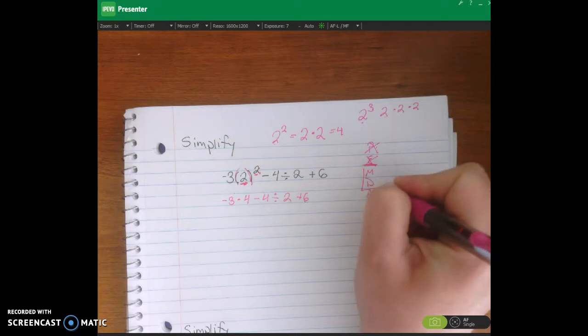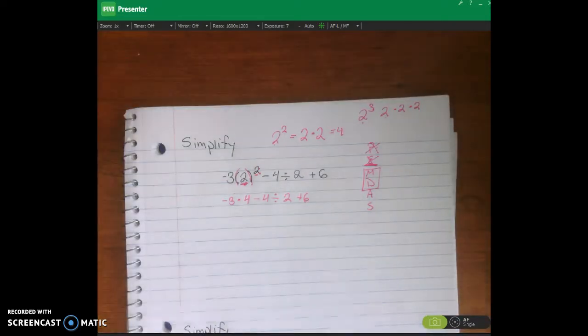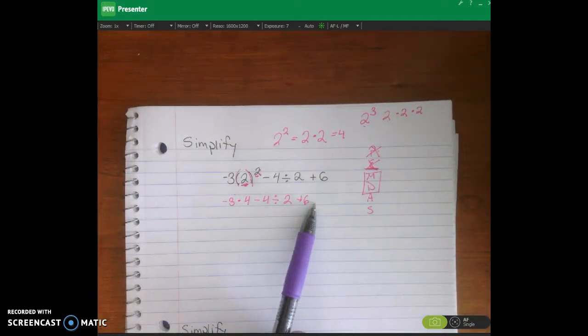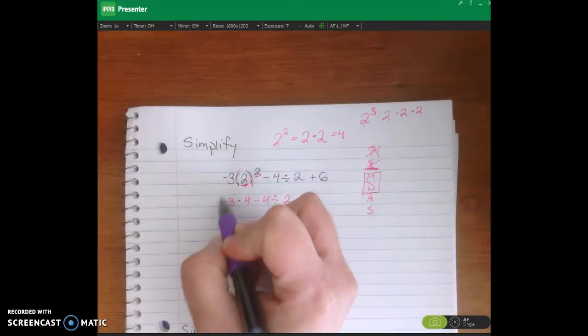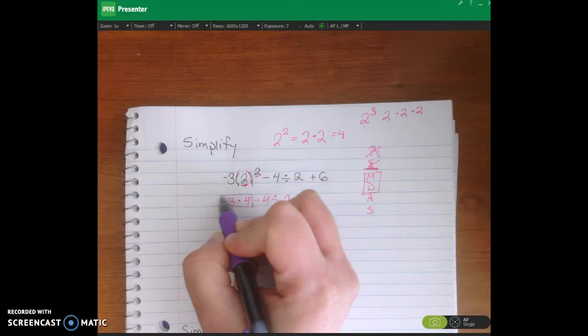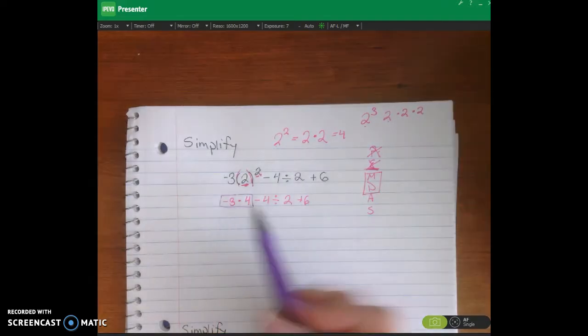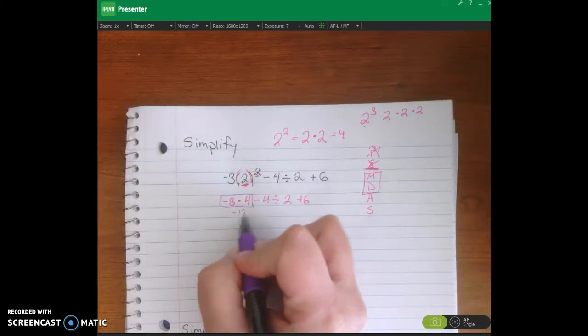So now we move to multiplication and division. These we will do side by side, working left to right, whichever comes first. So first I have -3 times 4. So -3 times 4 is -12.